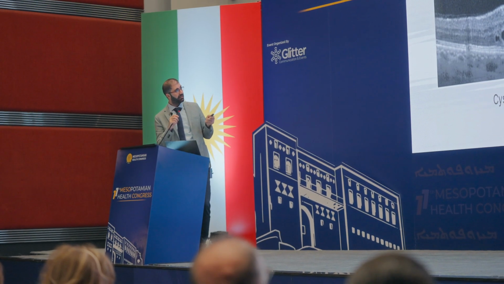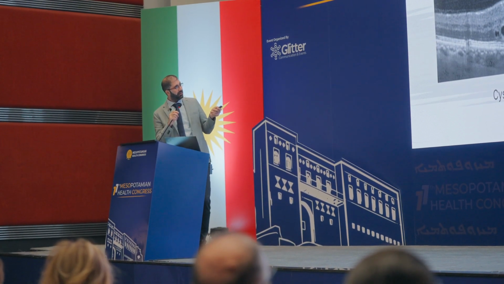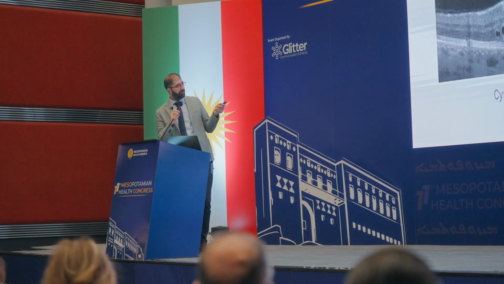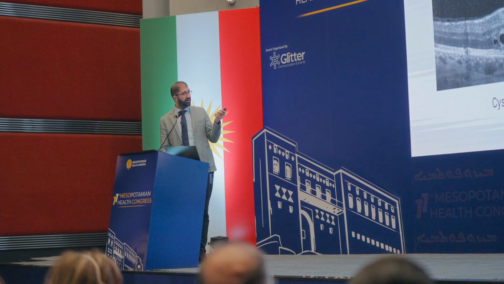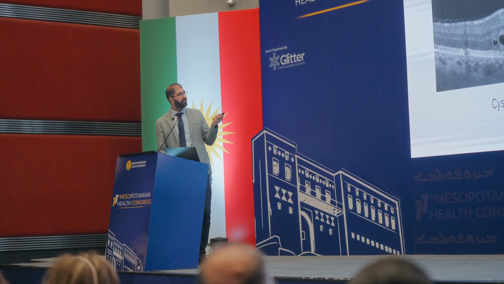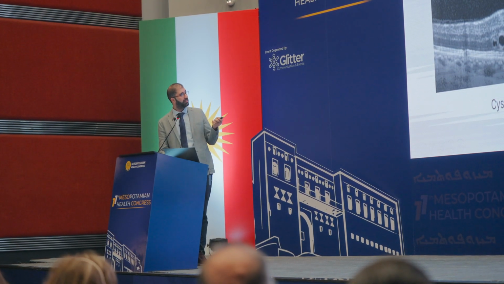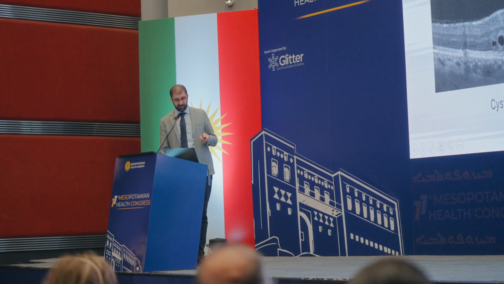But on the lower side, you see an OCT which belongs to an NPDR patient. Now, because I don't have a pointer, I will just try to describe it to you. Those black cystic spaces contain fluid, and these are the main reason of diabetic macular edema, and it causes the vision loss in diabetic patients.